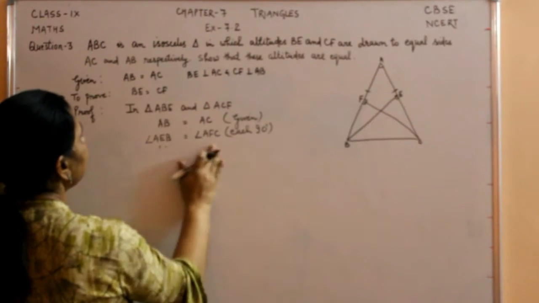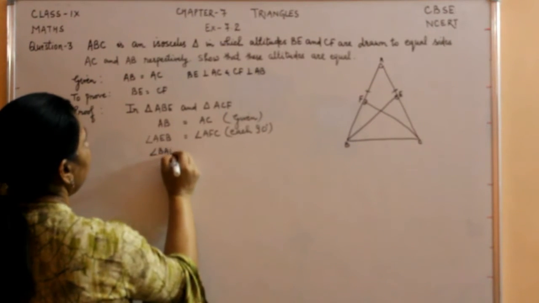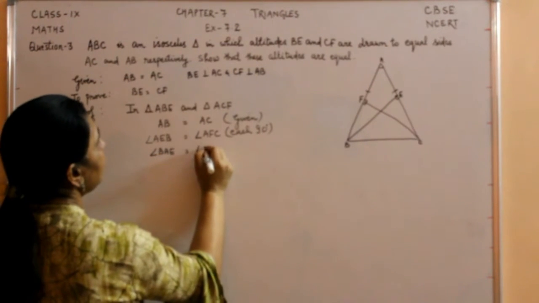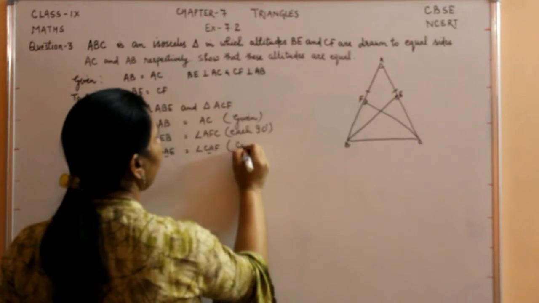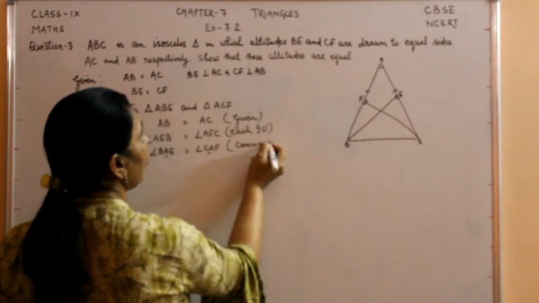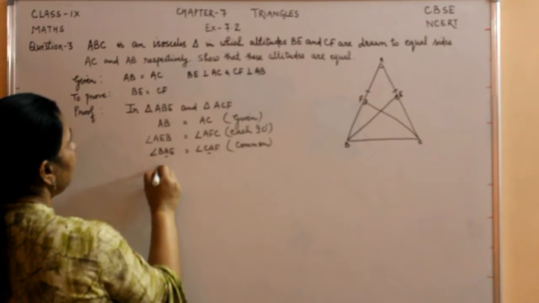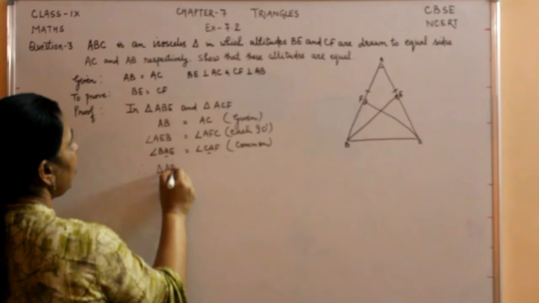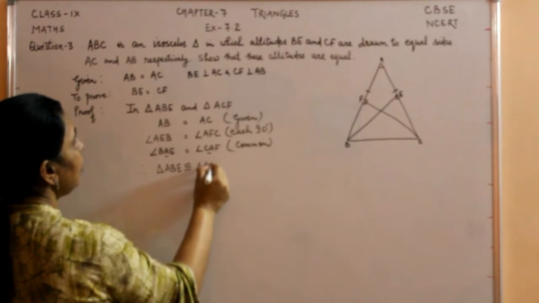This angle is common. That means the two triangles are congruent. Therefore, triangle ABE is congruent to triangle ACF.